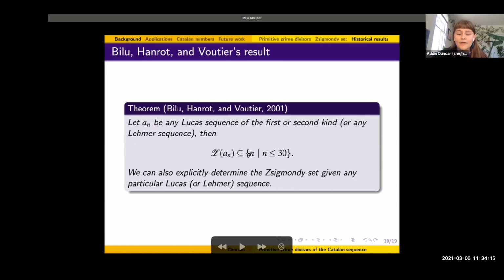And moreover, their paper determines explicitly where you can find the elements of the Zsigmondy set given a particular sequence. So very similar to Zsigmondy's result, but now expanded to a really large class of integer sequences.